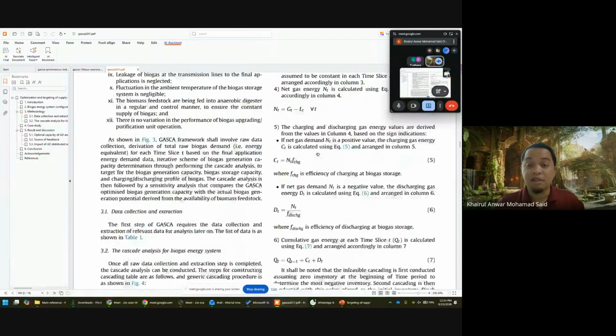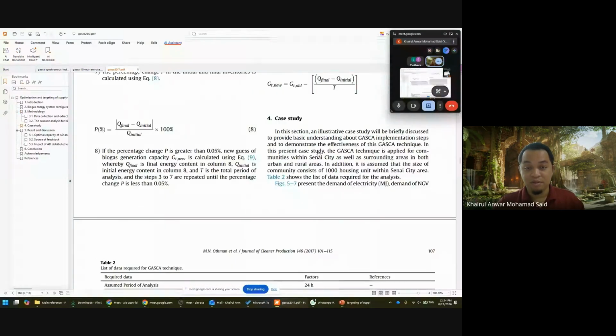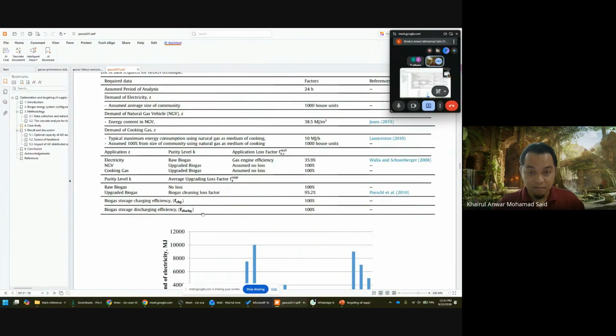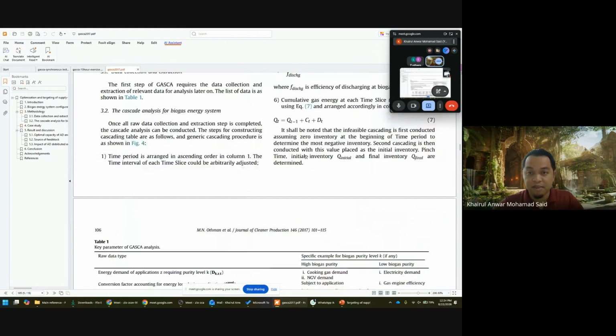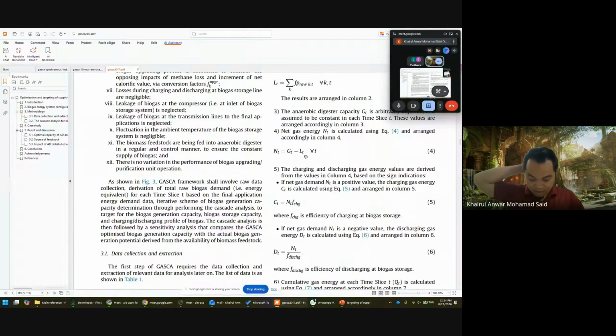F applied for electricity is 35.9%. Yes, that one is for electricity, because there are three demands.